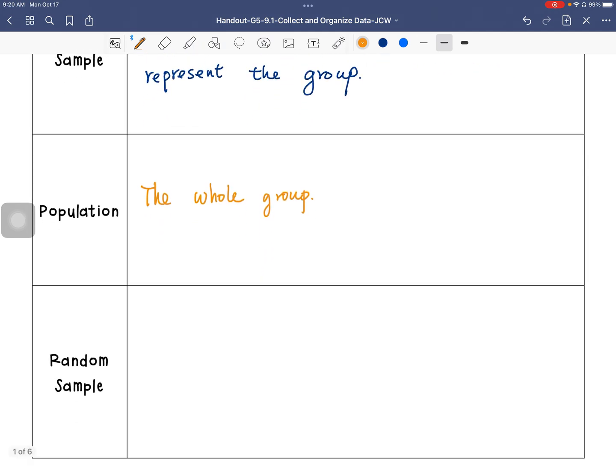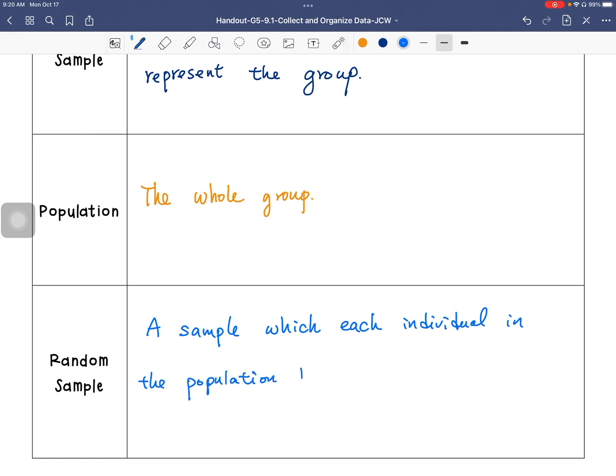So what is a random sample? A random sample is a sample that's chosen so that each person or each individual in the population has an equal chance of being chosen.